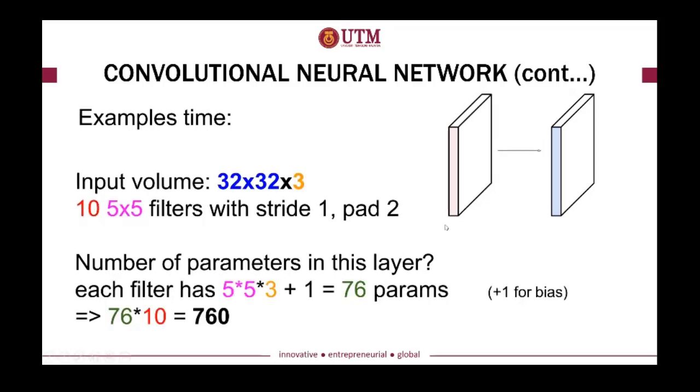The question asks you to count the number of W as well as B, the weights and the biases involved in this convolutional layer.